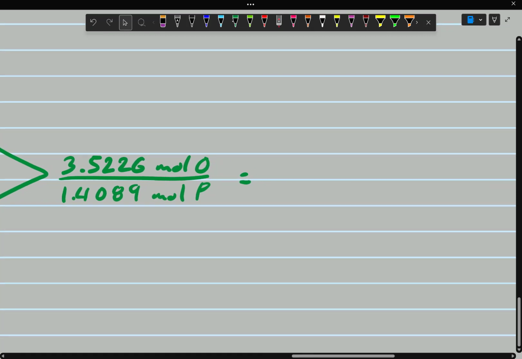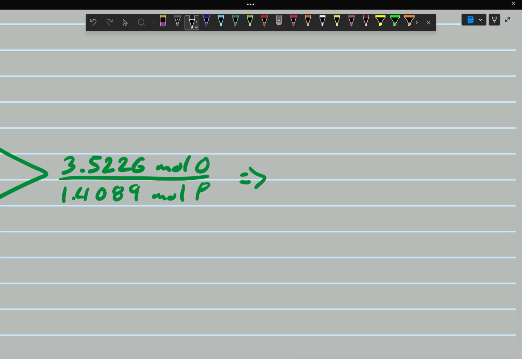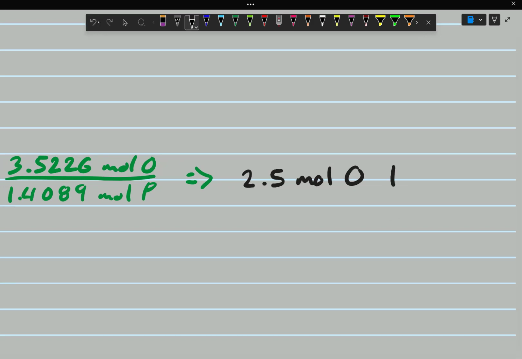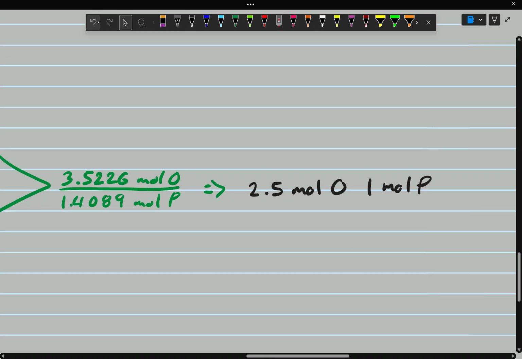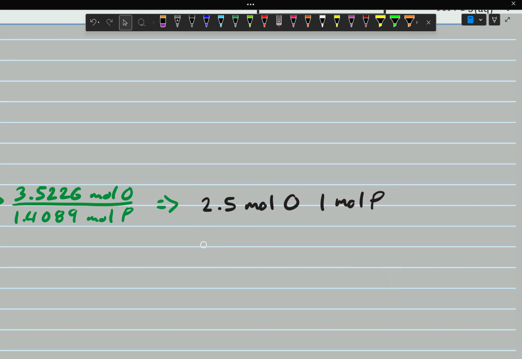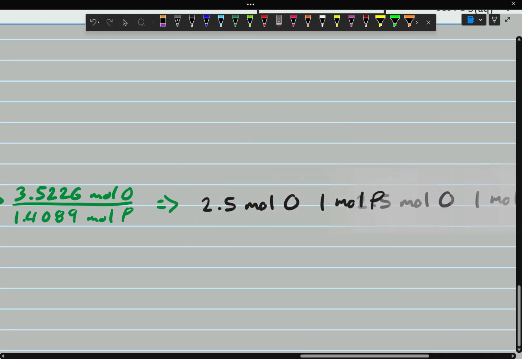So what this means, if this equals 2.5, is that for every 2.5 moles of oxygen, we have 1 mole of phosphorus. Now, to make this a little clearer, let me rewrite this in fraction form.